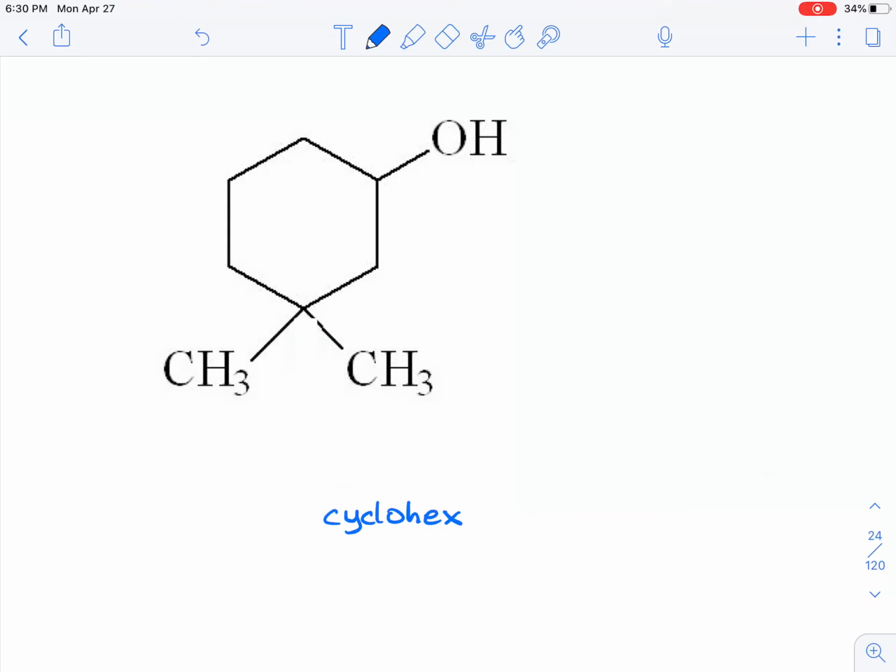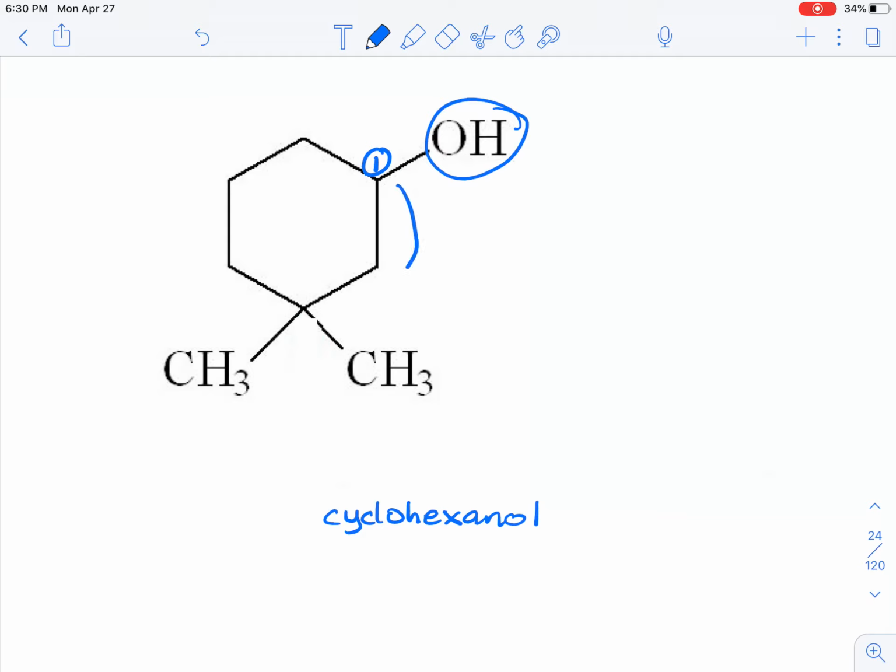Hex. Now if you look, there's no double bond. So no double bond, it means cyclohexane. So since the alcohol is found, we know that this is carbon number 1, and we're going to erase the E and add the ol. So hexanol, cyclohexanol.